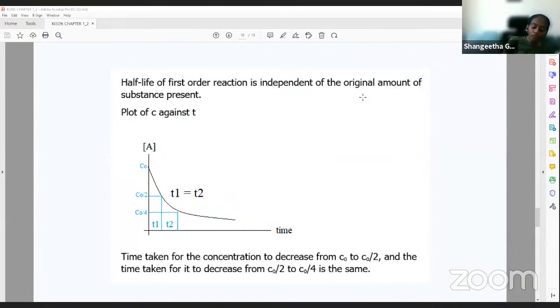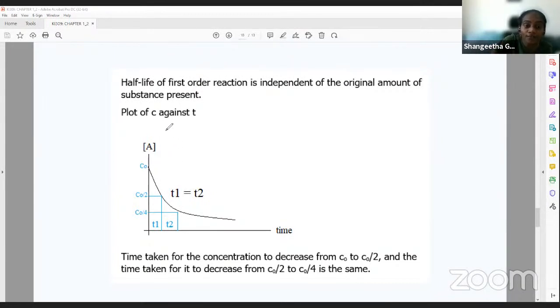You can actually represent your half-life for the first order in terms of a graph also. Now if you want to know whether your data, let's say you're given a range of data and you're not told the order of reaction, you can also use the half-life method to know whether it is first order.